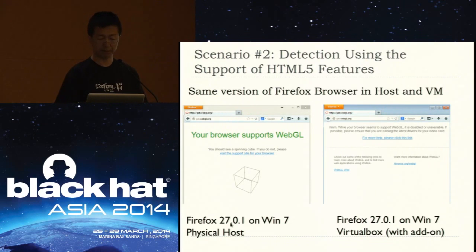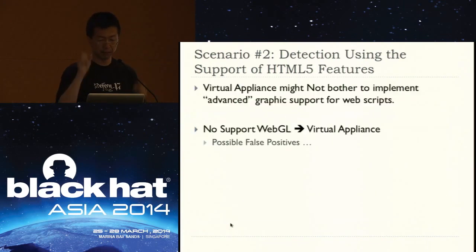Now, obviously, when you use this type of behavior, it doesn't really guarantee anything. When you send a program to the other side and run it on the machine and it comes back, if, let's say, you got an exception saying no WebGL supported, and you just use that to detect whether it's a VM or virtual appliance or not, you're going to have some false positives. Okay, there are lots of reasons that a physical machine might not even support WebGL.